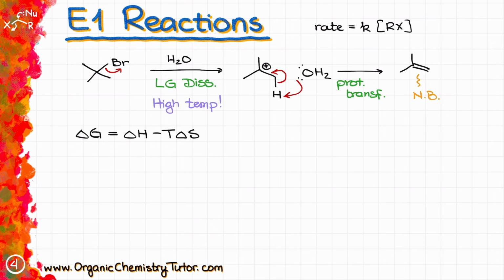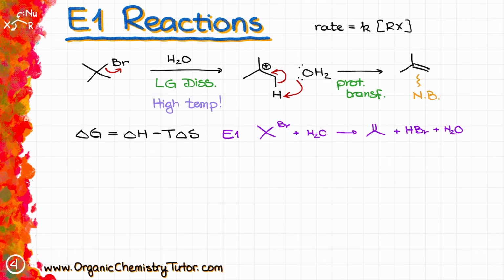So if I look at the elimination reaction, the E1 reaction, I start with tert-butyl bromide, I react that with water, and my products, I end up with an alkene. Then I have HBr as my co-product, and it turns out that water in this reaction technically acts as a catalyst.